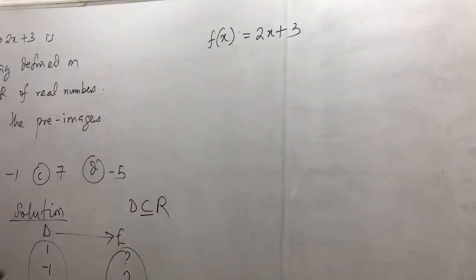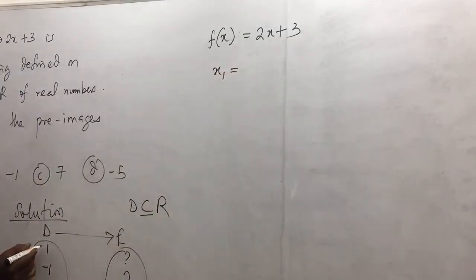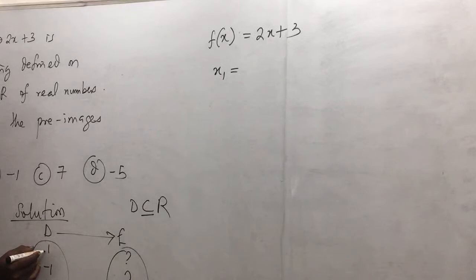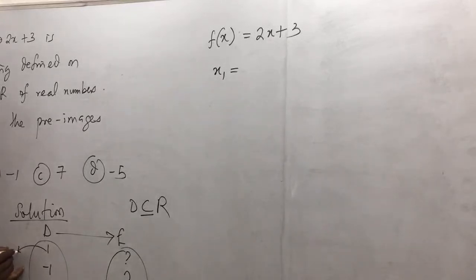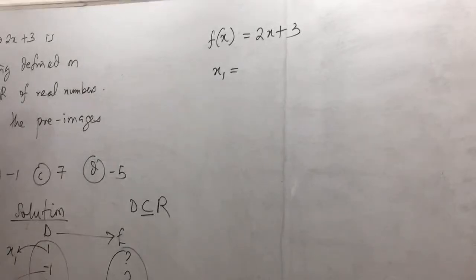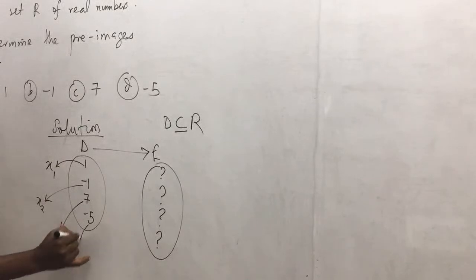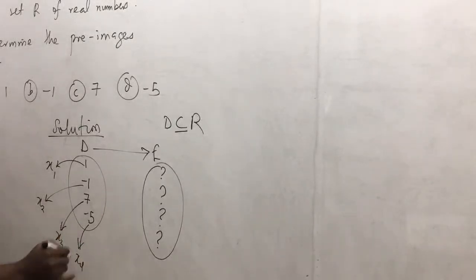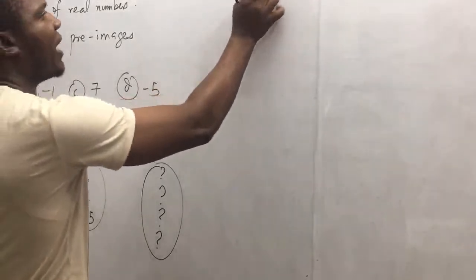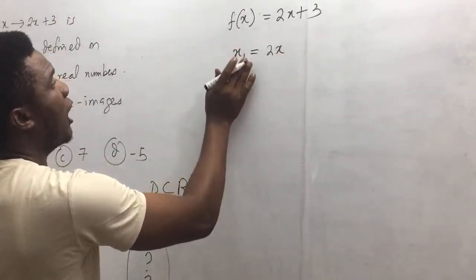Now, there is in the domain x1. If you can see this clearly, I'm going to call this x1, I'm going to call this x2, I'm going to call this x3, and I'm going to call this x4. So when you have x1, it means what you are supposed to have here is 2x1.